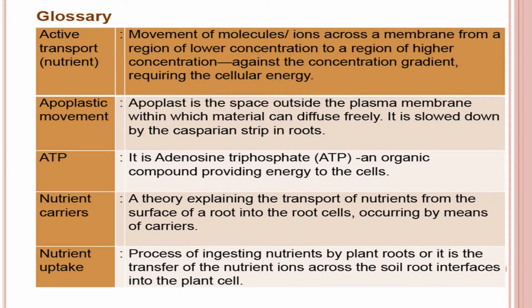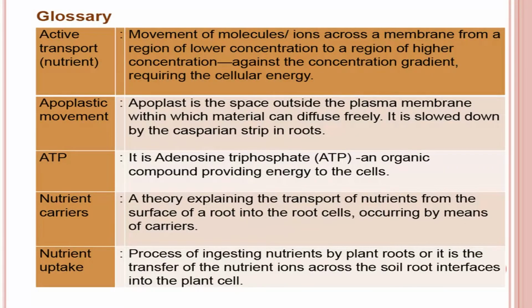As most of you are aware that ATPs are the source of energy for the plant cells. Nutrient carriers, a theory explaining the transport of nutrients from the surface of root into the root cells, occurring by means of carriers. So, this carrier theory we will try to understand in detail.